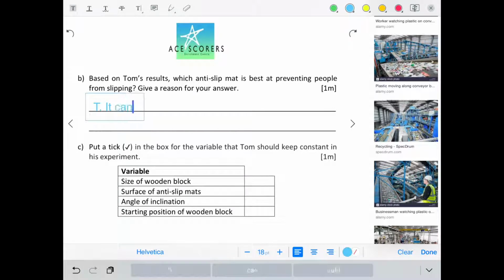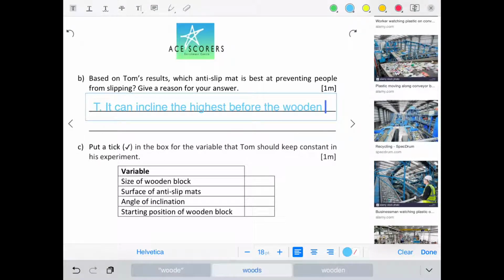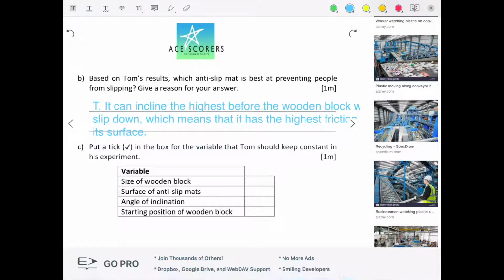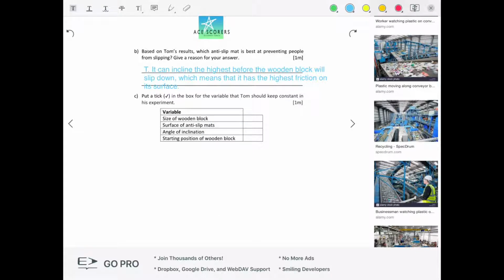Yeah, it can incline the highest before the wooden block slips down, which means that it has the highest friction on its surface, right? Friction, highest amount of friction.